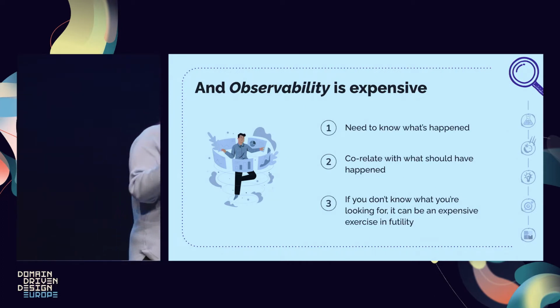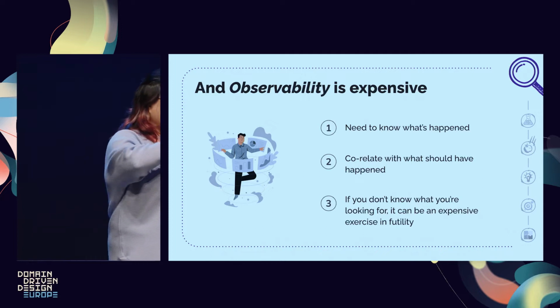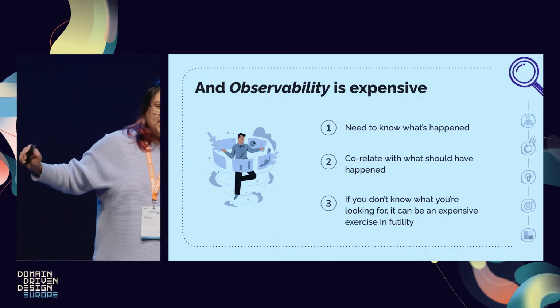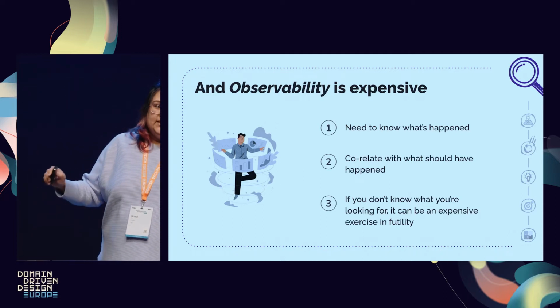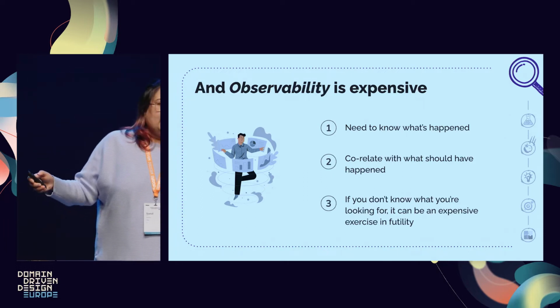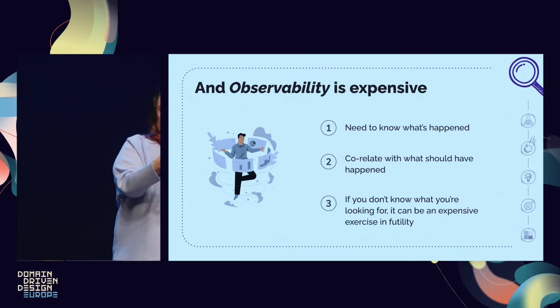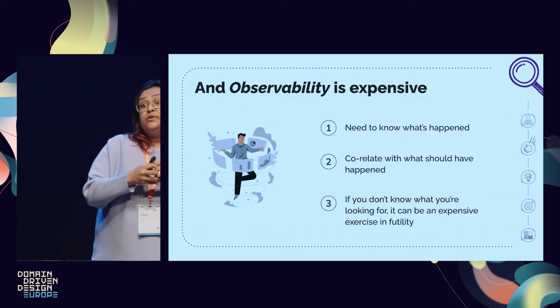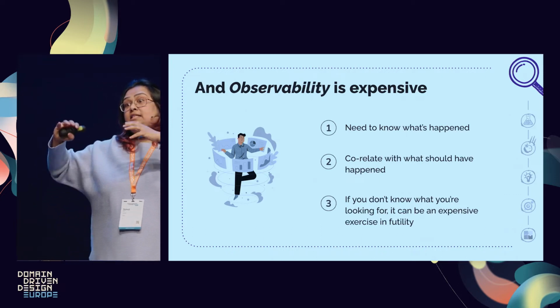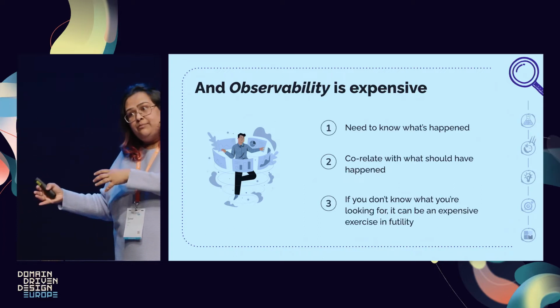What's also interesting is that when you're now bringing security and observability together, observability by itself is expensive. And it's expensive not just because you're trying to see what's happening, but you're trying to see what's happening in the context of what you want to happen.